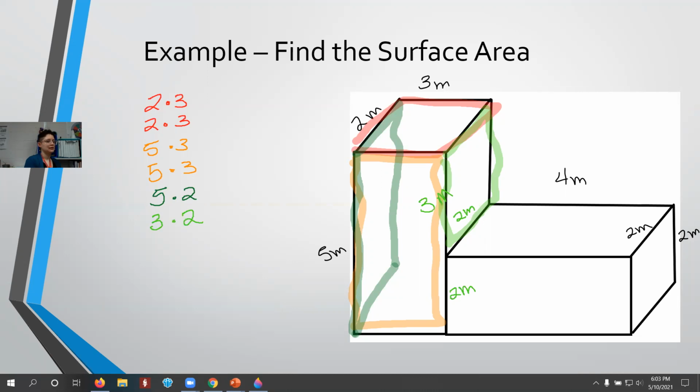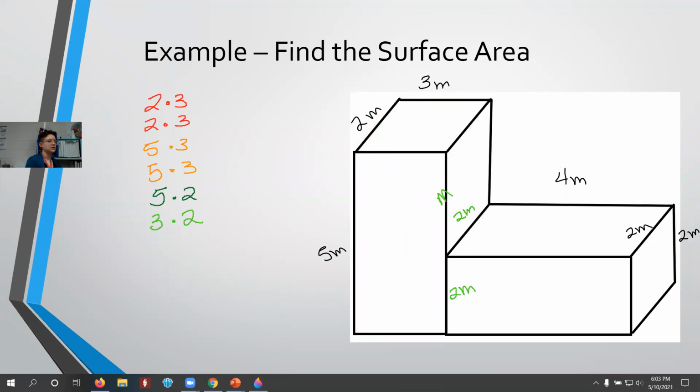Now I'm going to clear all of my rectangles so that we can focus on the other side. Again, we have a top facing rectangle, which is this one here. We can see its dimensions are 4 by 2 meters. It would match the bottom, 4 times 2.